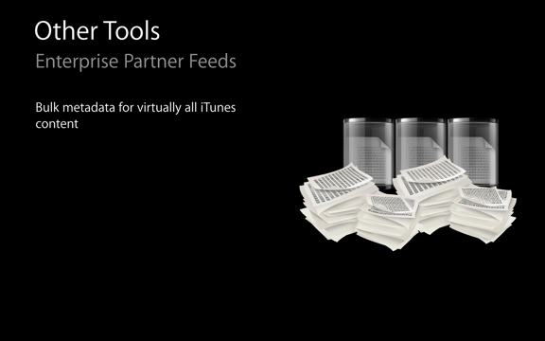And when I say big data, it's a lot. If you download the full data set for this week, it's going to be 10 gigabytes of textual data compressed. So it's not for the faint of heart, but it can be very useful if you're trying to establish an understanding of the entire iTunes universe.